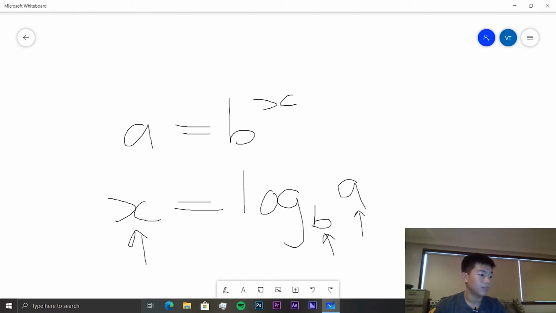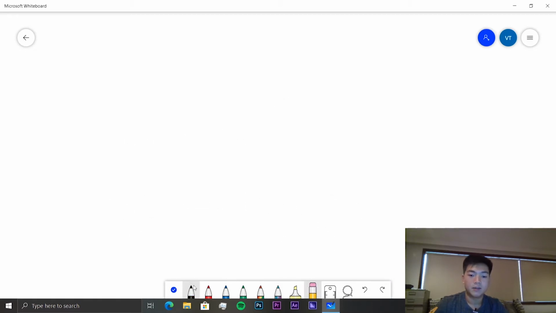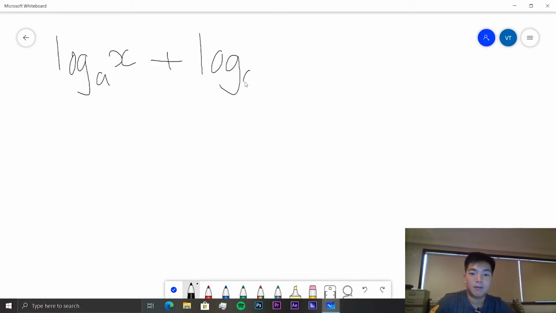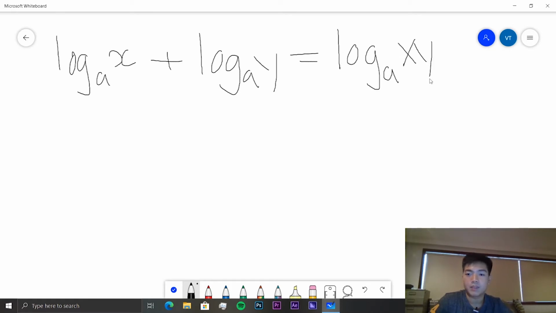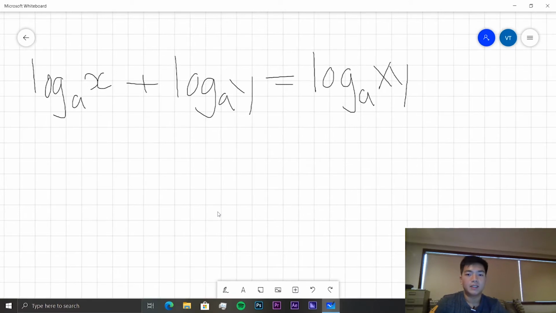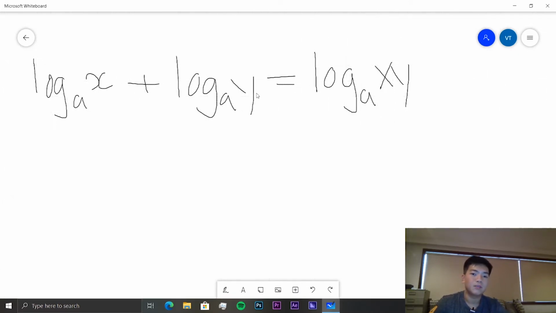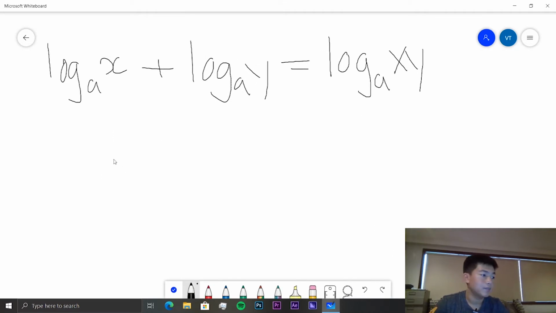So yeah, logarithms have several properties. First of all, log a x plus log a y. If they have the same base, because they're powers, we multiply them together: log a xy. So if we're adding logarithms with the same base, we multiply the things inside them.